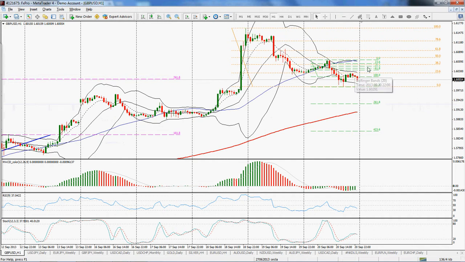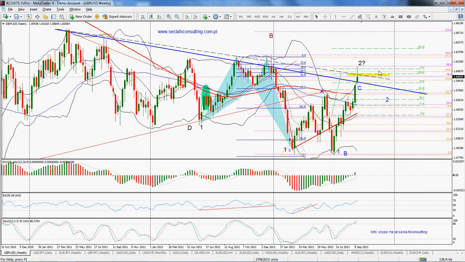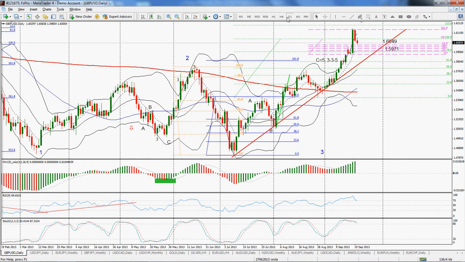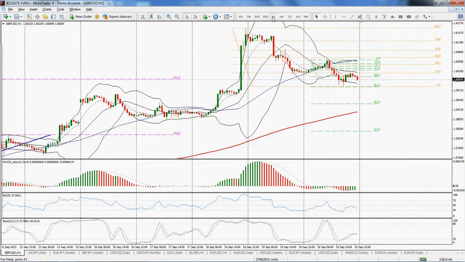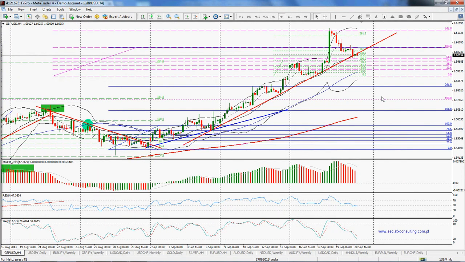And now I think, if it's a correction here, we can still go to the upside, especially as we've got this weekly. Anyway, still a green candle. There is weakness in this candle, but this is a green candle.